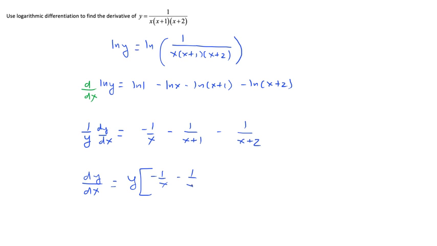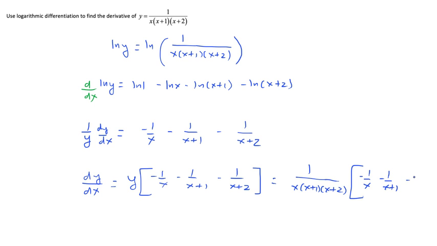I'm putting it in brackets here, though I could have used parentheses. Technically you can leave your answer like this, but we do know what y is equal to. y is equal to this right here. So we just put y, which is 1 over x times x plus 1 times x plus 2, times this whole thing, negative 1 over x minus 1 over x plus 1 minus 1 over x plus 2, and that should be our final answer.